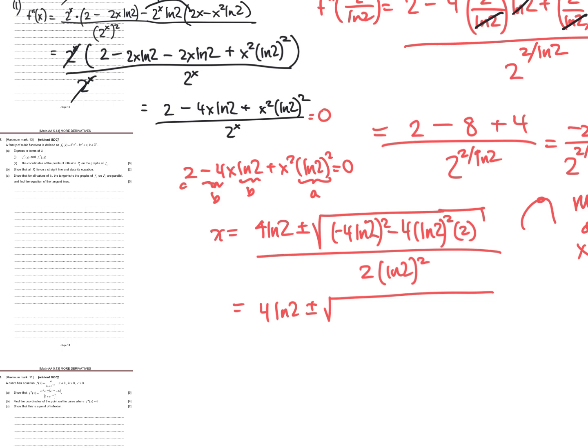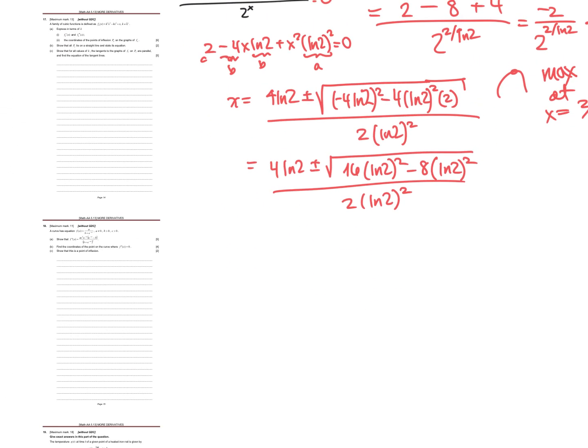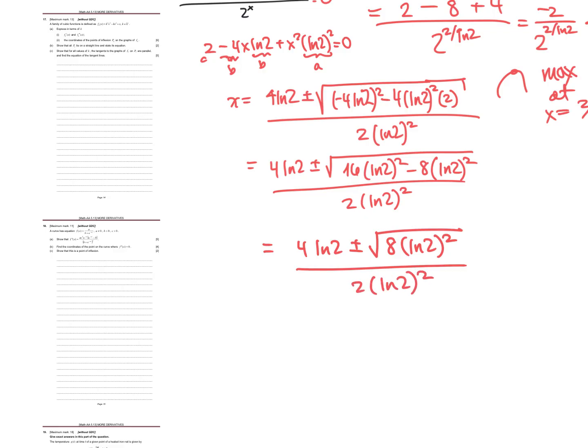Then we have 16 natural log 2 squared minus 8 natural log 2 squared over 2 natural log 2 squared. Okay, so this ends up being 4 natural log 2 plus or minus root 8 natural log 2 squared over 2 natural log 2 squared.